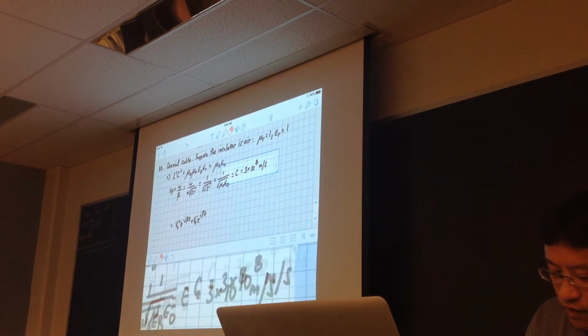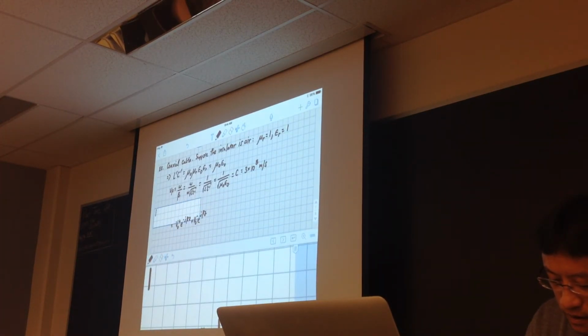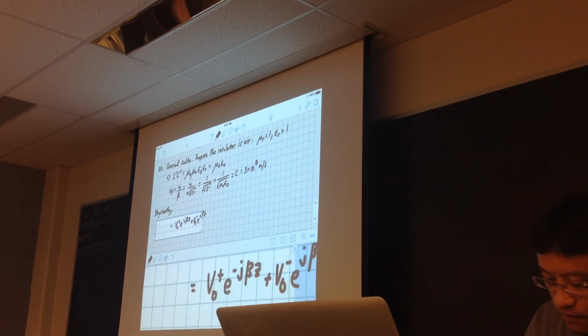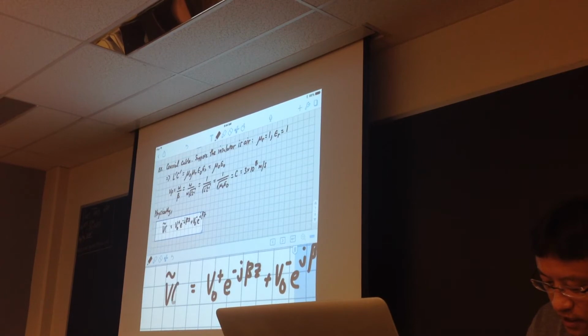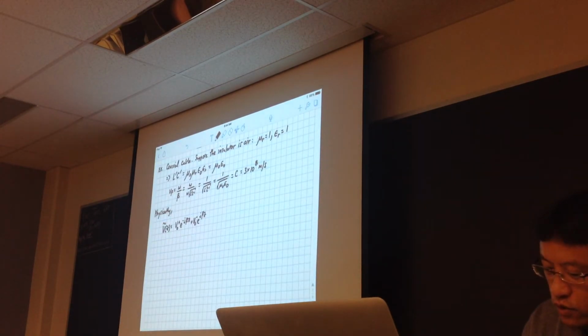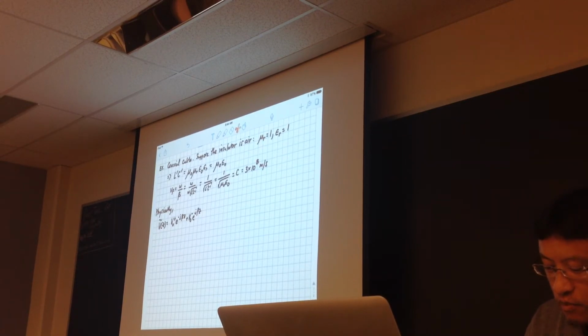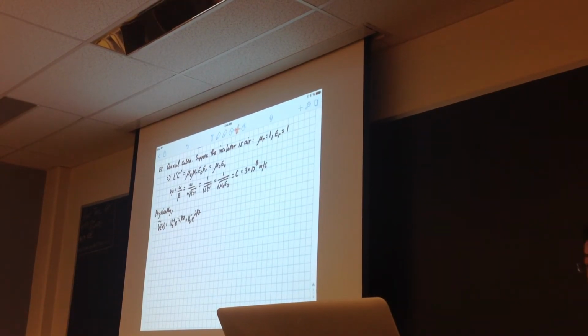So physically, we have V of z equal to V0 plus e to the minus j beta z plus V0 minus e to the plus j beta z.